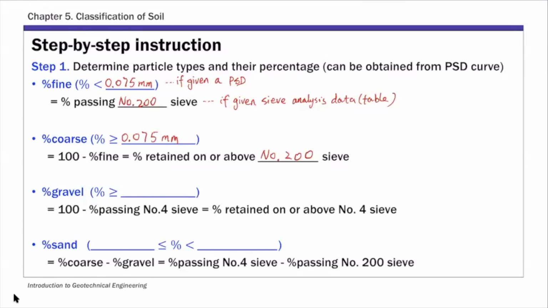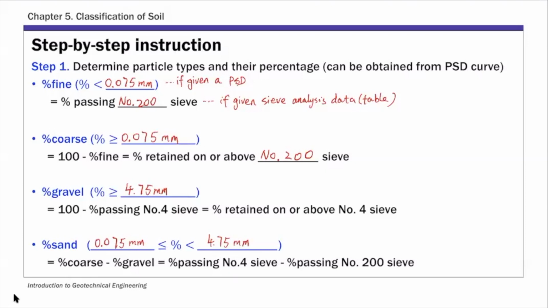Then the percent of gravel is the percentage greater than 4.75 millimeter, which is basically the number 4 sieve size. And then sand is the percent between 0.075 and 4.75, the percent of soil in between these two sizes.